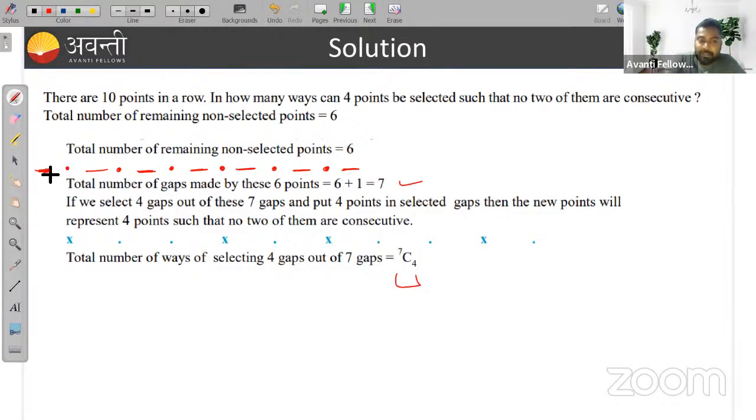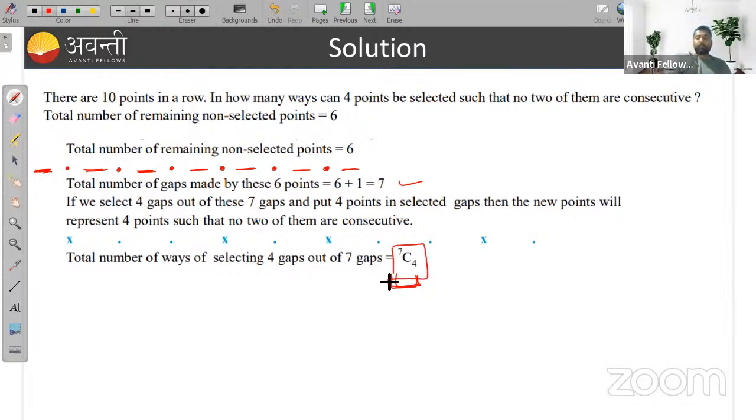We have 7 places and we need to select 4 places for 4 points. So how many ways can we select 4 places out of 7 places? The answer is 7C4.